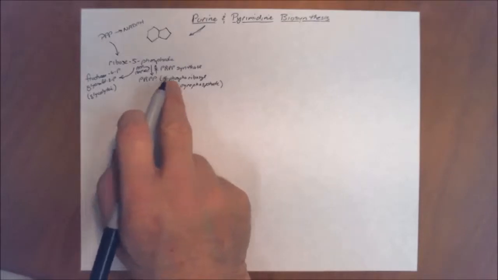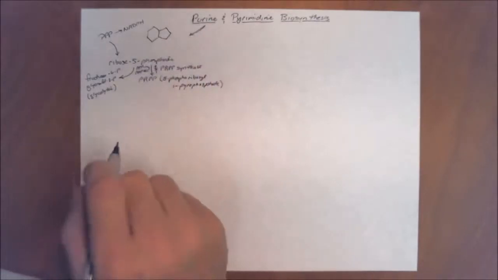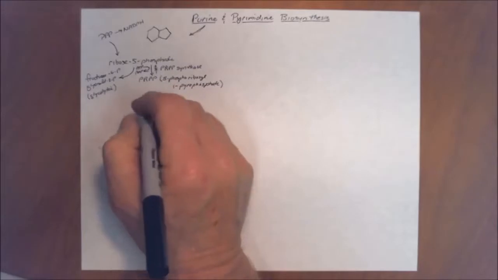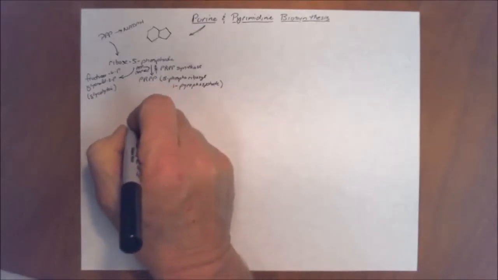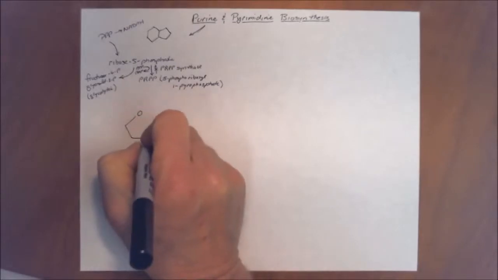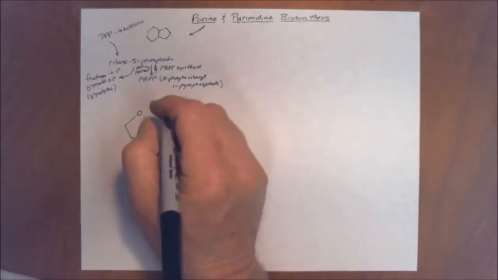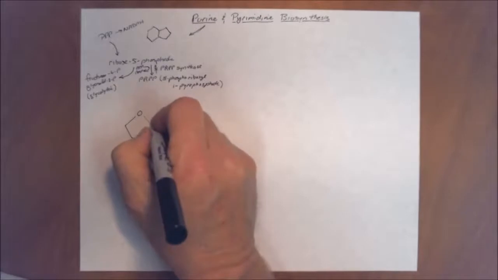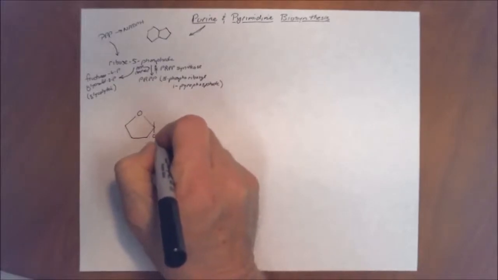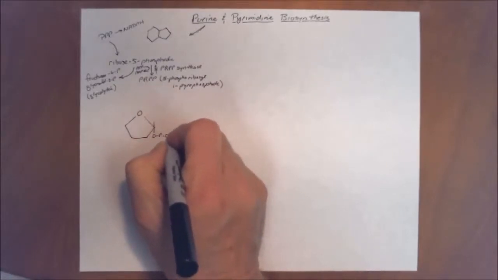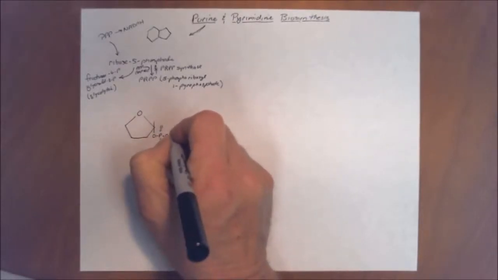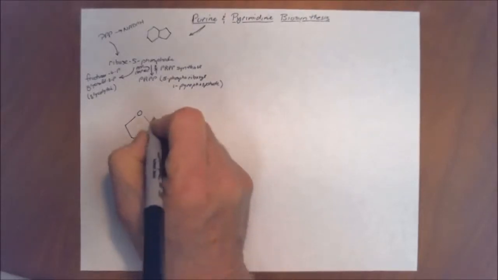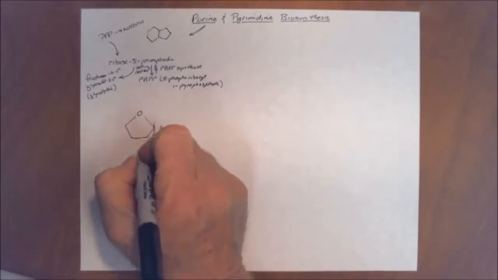Now for purine biosynthesis, we'll see this in a second, what we're going to do is start out with our ribose sugar, and we are going to have our phosphate group on here. This, of course, is our number 1 carbon.